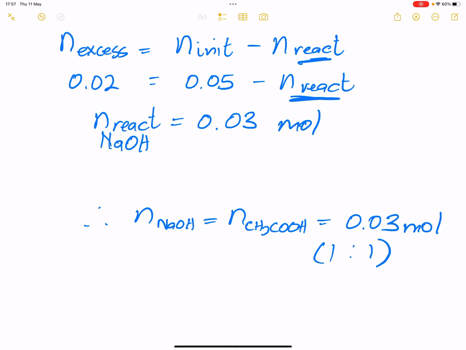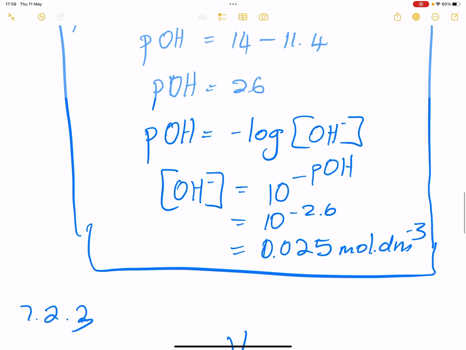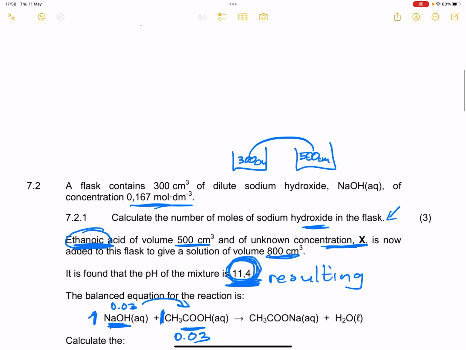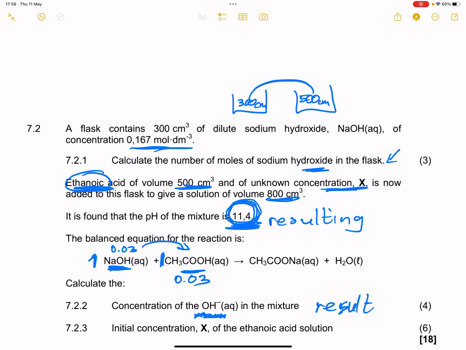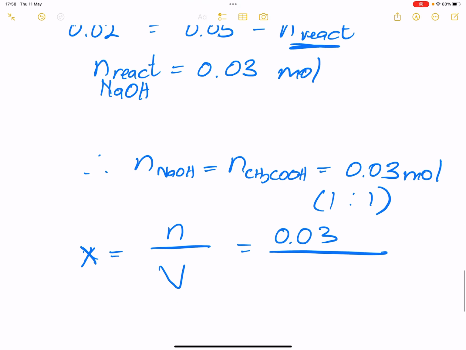And because they wanted us to calculate the concentration X, we know that the concentration X in this case will be number of moles divided by volume. Now we've got the number of moles of ethanoic acid that reacted, 0.03, and remember the volume was 500 cubic centimeters. So in this case we can find out what that is.